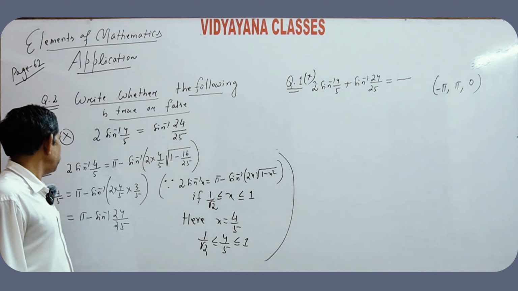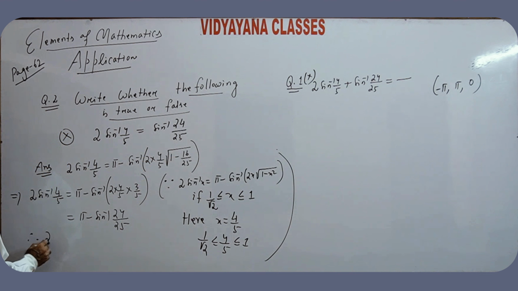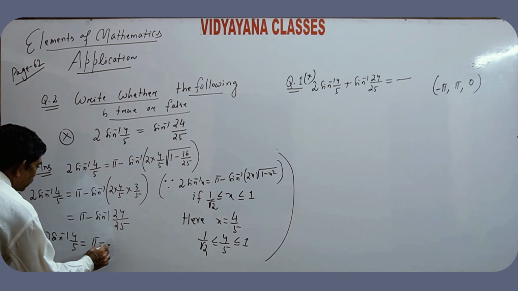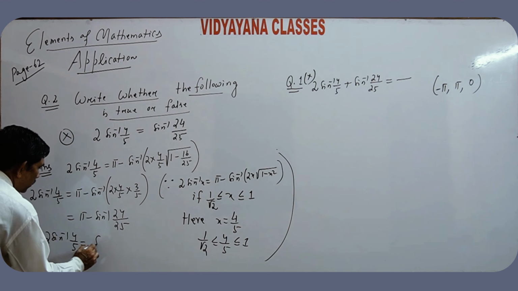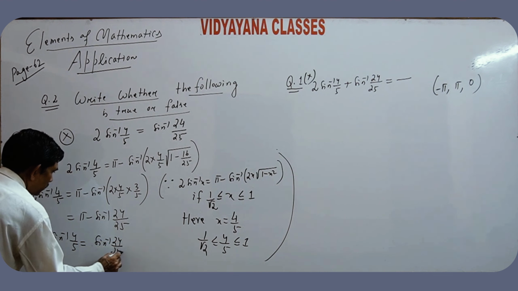It is given that 2 sin inverse 4 by 5 is equal to sin inverse 24 by 25.